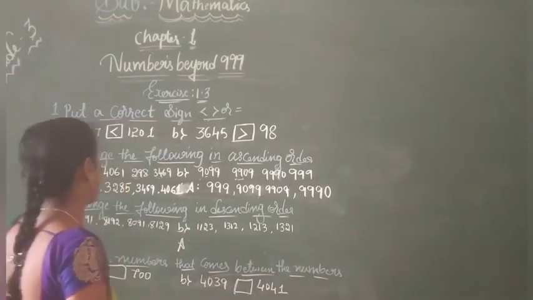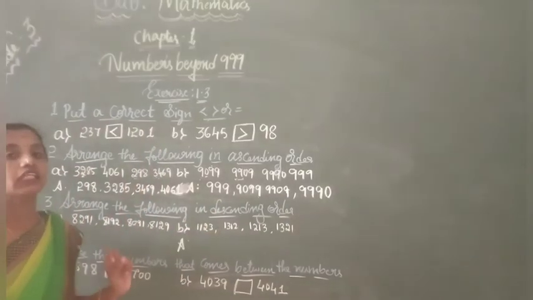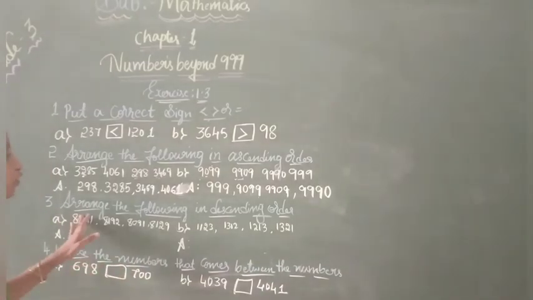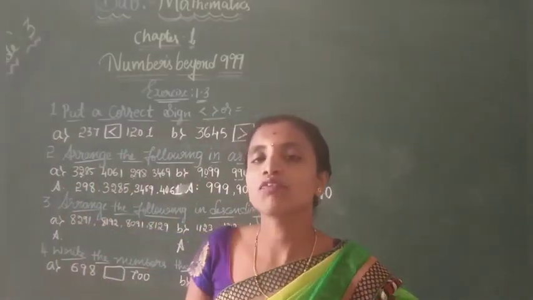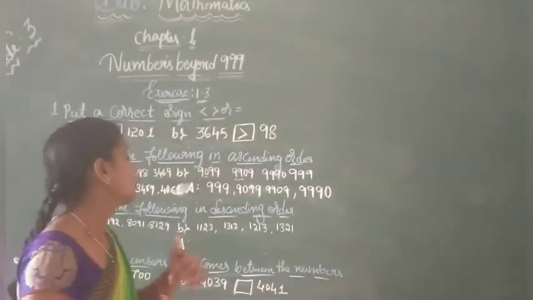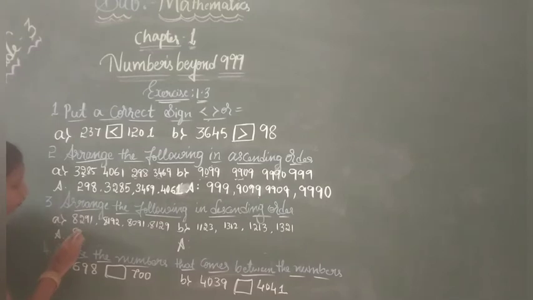Look, here it tells me to arrange the following in descending order. Descending order means what? Writing the numbers from bigger to smaller. Look here. Which is the biggest number? Here, 8291.